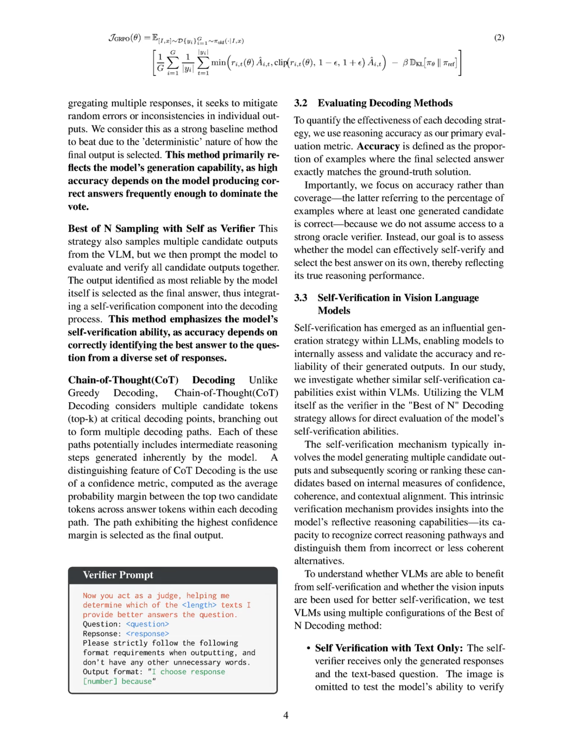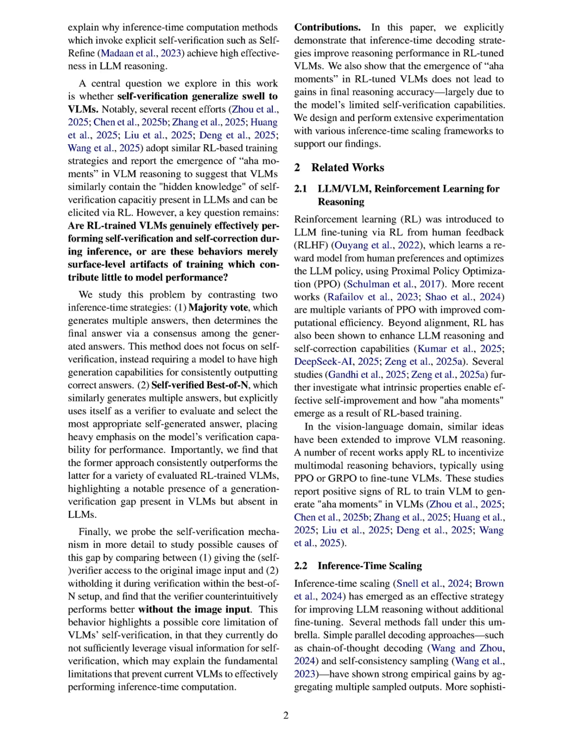This approach theoretically allows for a more nuanced understanding of the generated responses as it aims to leverage the model's internal verification processes. However, the practical findings in the paper indicate that, despite this theoretical advantage, the self-verified best-of-n strategy underperformed compared to majority vote across various evaluated RL-trained VLMs, highlighting a significant generation verification gap.